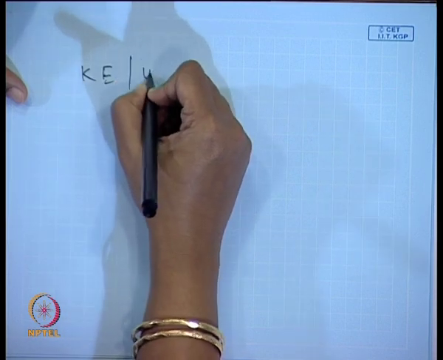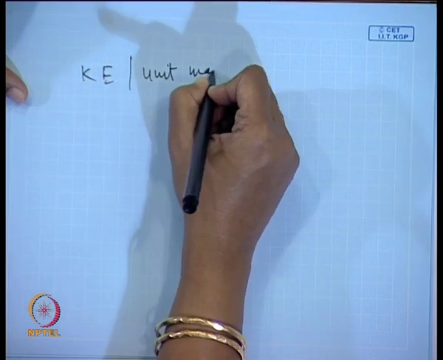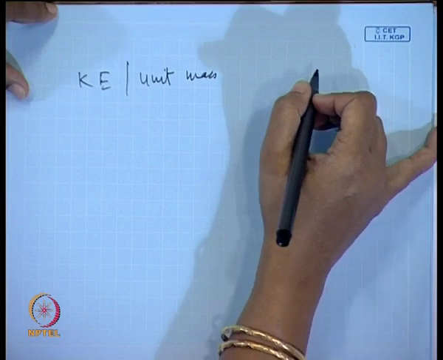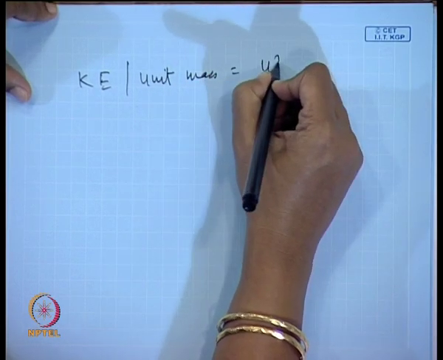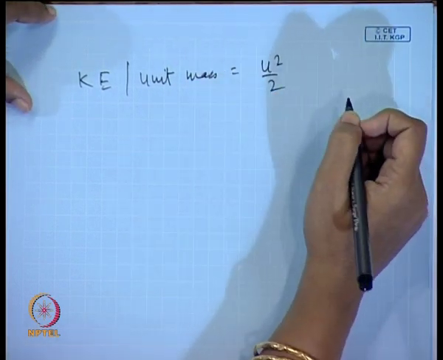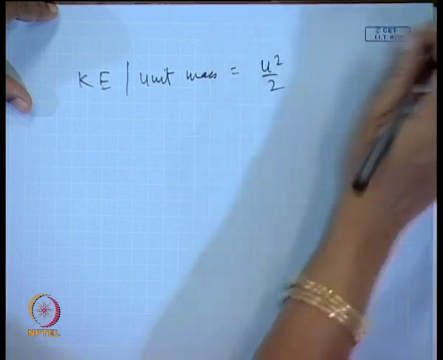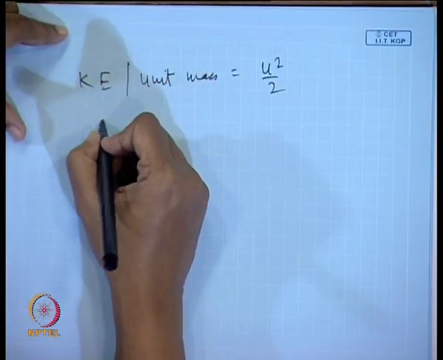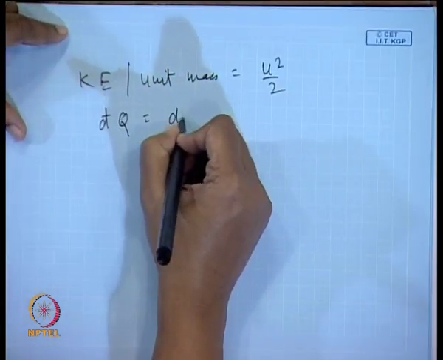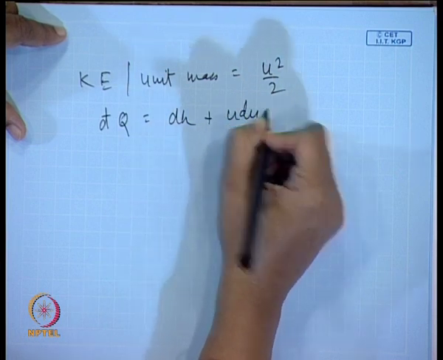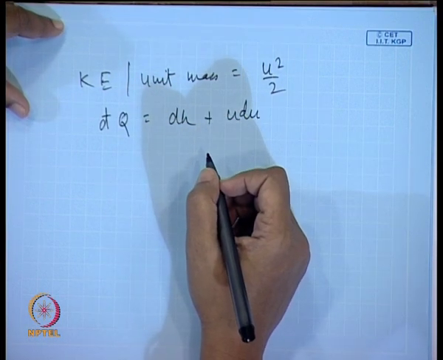The kinetic energy per unit mass is nothing but u square by 2. Okay. So, if this is substituted in the energy balance equation, then we get dq equals dH plus u du, is not it?